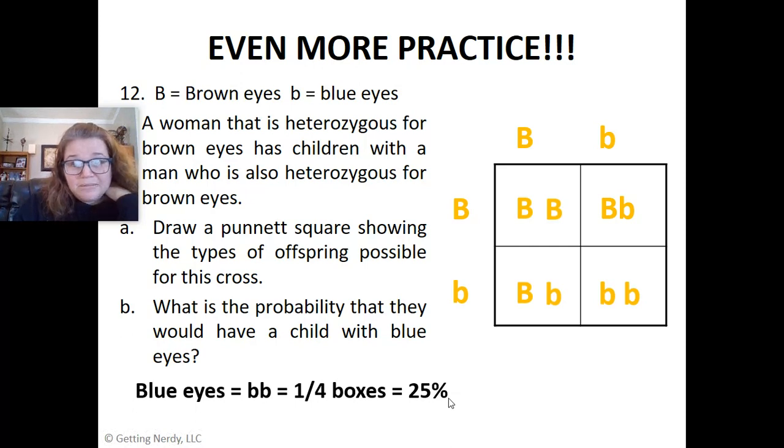So if you are a kid that has blue eyes and both your parents have brown eyes, this is their genotype. You can go home now and say, I know how I got my blue eyes, because both of them somewhere have that recessive gene hiding behind that dominant brown eye. It's kind of exciting when that little blue eye pops up.